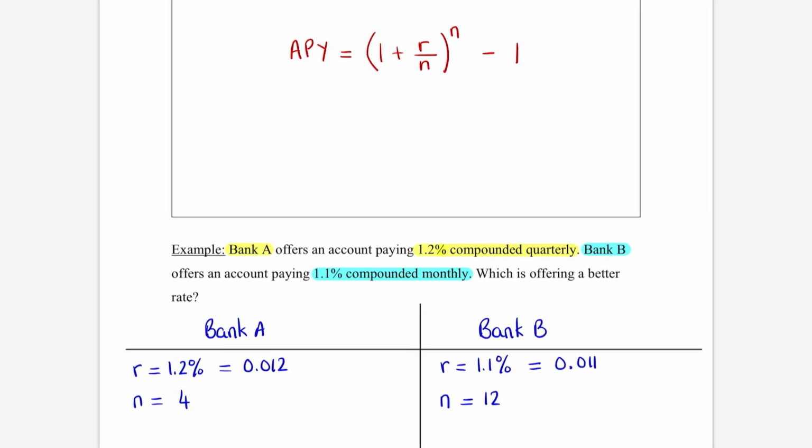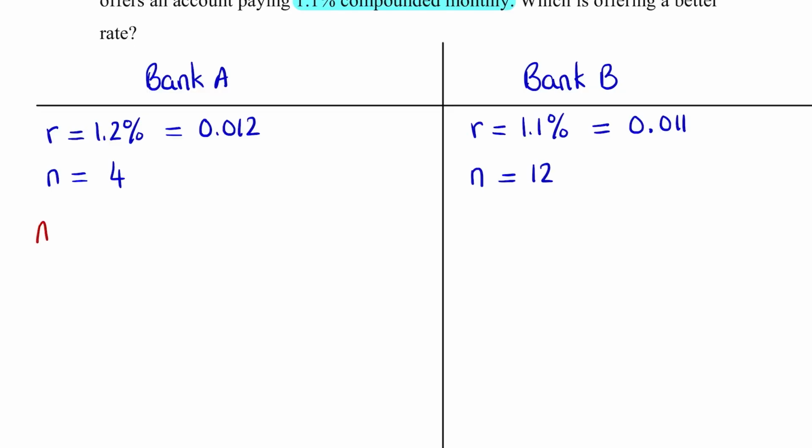I am going to use the APY formula here. APY equals (1 plus R over N) raised to the N, minus 1.